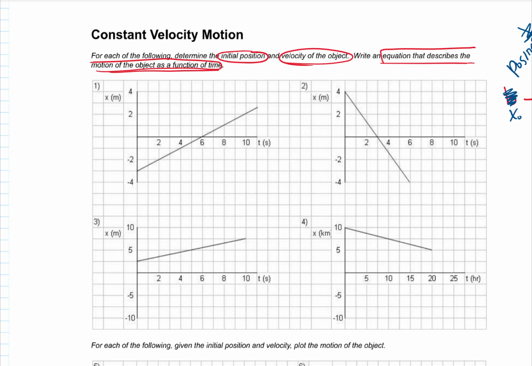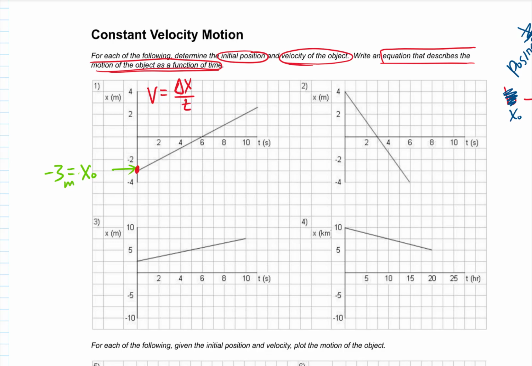So for number one, looking at it, my initial position is right there, and my initial position is -3 meters. So I have that piece of information. What I need to do now is find the slope of my line. To find the slope, or the velocity, whichever you think is easier, I think finding the velocity is easier. So we're going to do delta x over t.